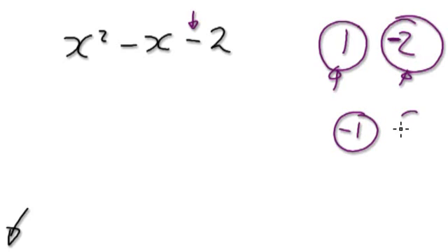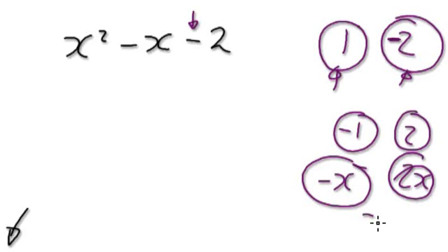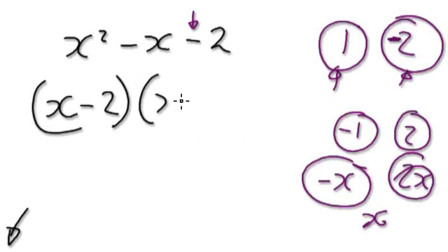If you stick it in the 1, then it won't work because later on it's going to give you negative x and 2x here, which when you merge these two together, will give you positive x. You've got to stick a minus in the 2 here. So the solution here would be x minus 2 and then x plus 1. Okay, so this would be your answer.